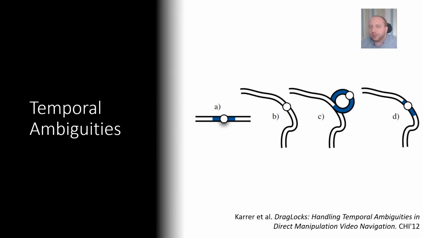Temporal ambiguities occur when there is little or no movement of the object in the video, which can cause erratic jumps or pauses to be skipped altogether. Drag locks posed ways of solving this based on altering the trajectory of the object's handle. However, this is not applicable for the case of adaptive video playback, where the user should be able to intuitively navigate pauses without breaking the immersion.